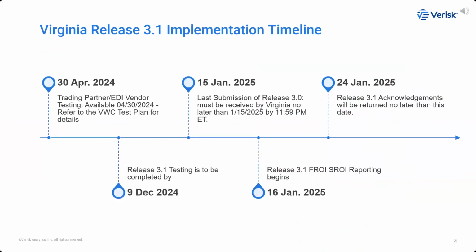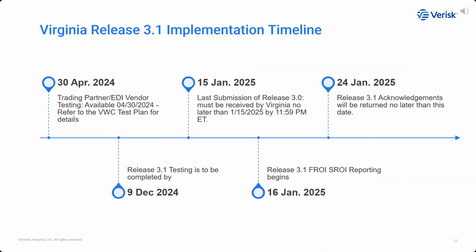Let's take a moment to review Virginia's Claims 3.1 implementation timeline at a high level. Trading partner and EDI vendor testing began on April 30th, 2024. Release 3.1 testing is set to be completed by December 9th, 2024. The last submission of Release 3.0 must be received by Virginia no later than Wednesday, January 15th, 2025 at 11:59 p.m. Eastern Standard Time.